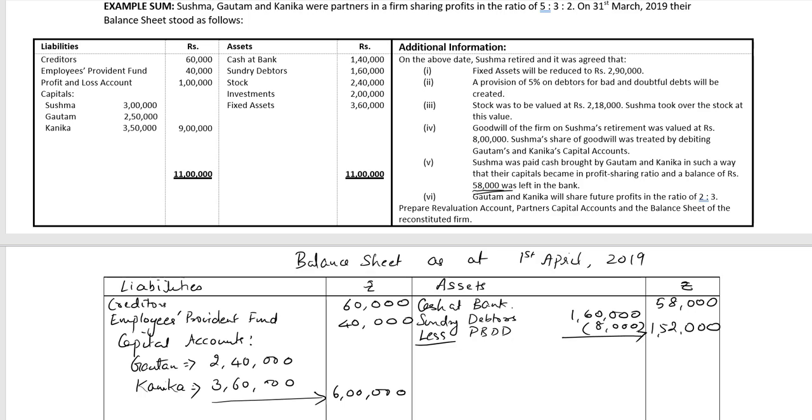The stock has been taken over by Sushma. It will not appear. Investments, no change in value, 2 lakh rupees. Fixed assets, as per point 1, we reduced it to rupees 2,90,000.